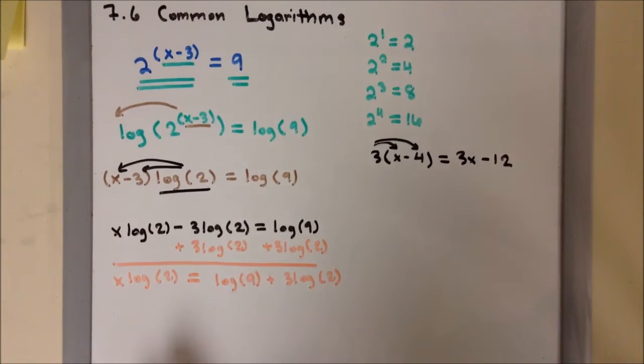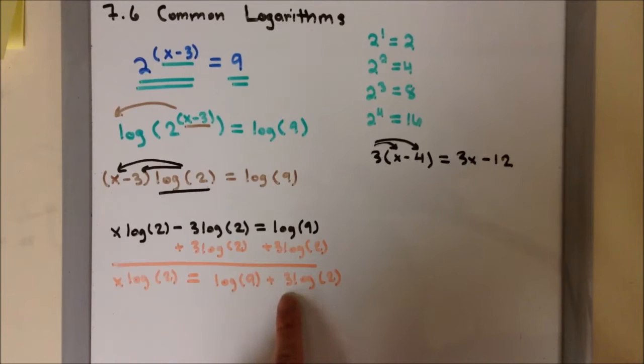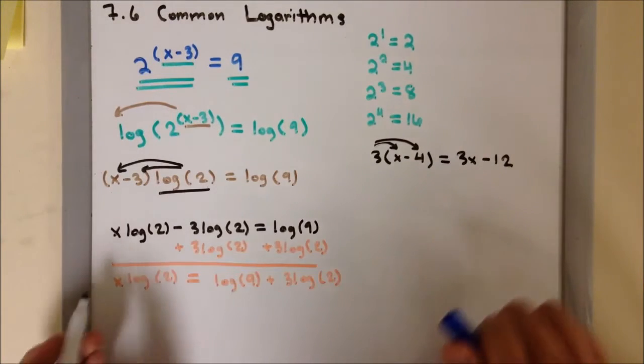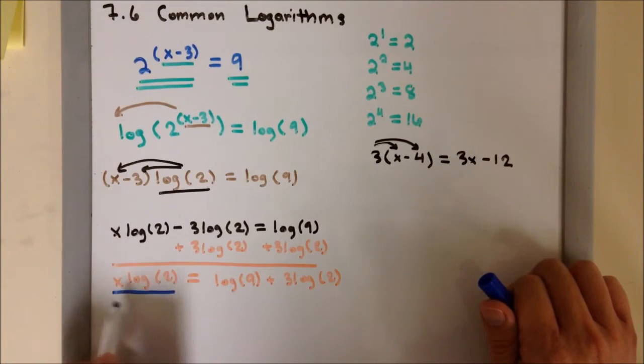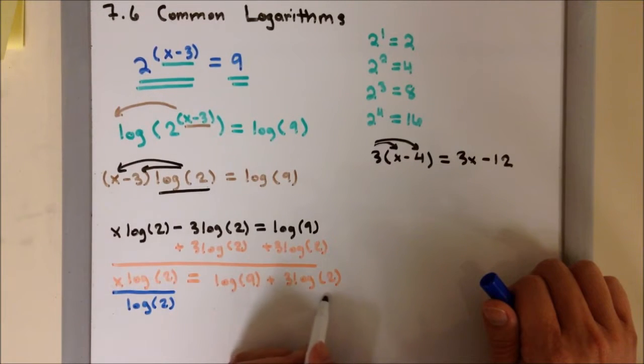So again, we have x log of 2 equal log of 9 plus 3 log of 2. After that, I'm going to divide both sides by log 2 so that I can get x by itself.